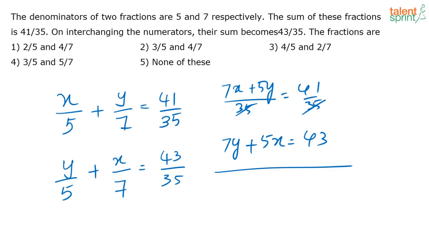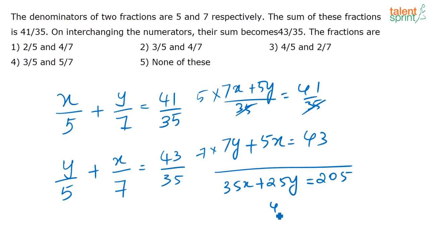The other way of doing it would be to check with the options and see which option suits our requirement. If you are doing it the first way, you have to cancel out any one term. So if you are going to cancel out x, multiply this equation by 5 and this one by 7. So what do you get? You get 35x plus 25y is equal to 41 into 5, that is 205, correct?